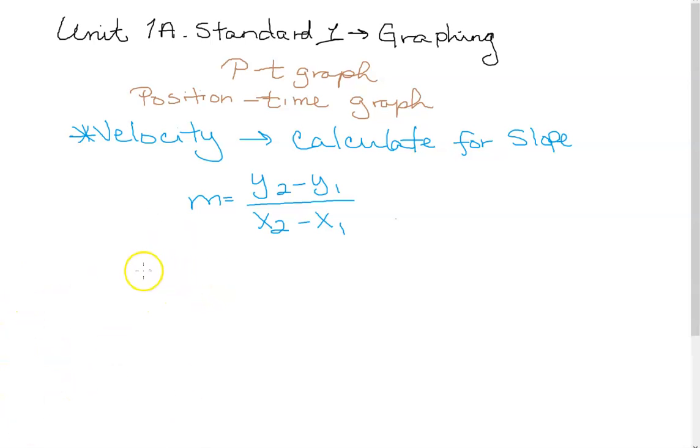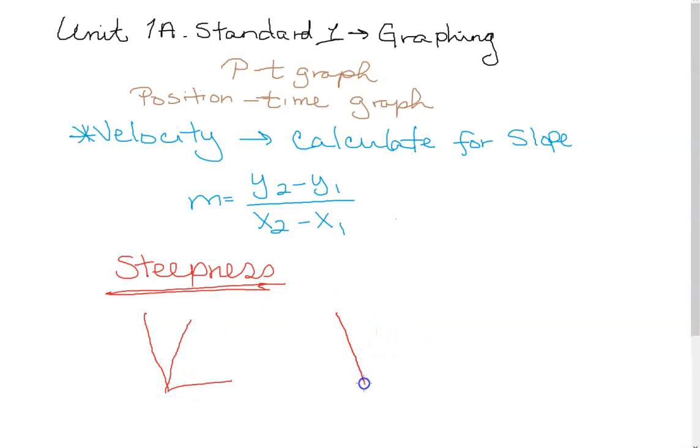First, let's talk about the steepness. So when a graph is steep versus not as steep. What does steepness mean? Well, steepness is just how the slope is looking. So this one is steeper, and this is time at the bottom, t in seconds. I'm going to be abbreviating a lot of stuff, okay?